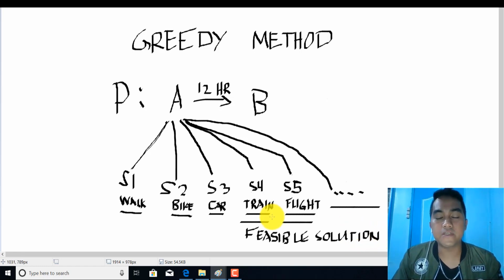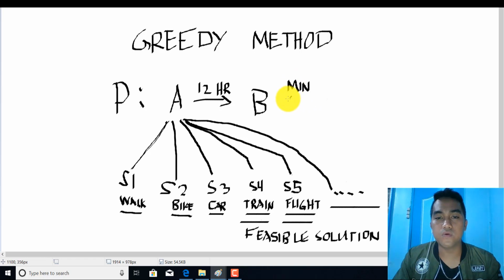Now, with the given problem, you can have two or more feasible solutions. But I have another constraint, which is traveling from point A to point B at the minimum cost.